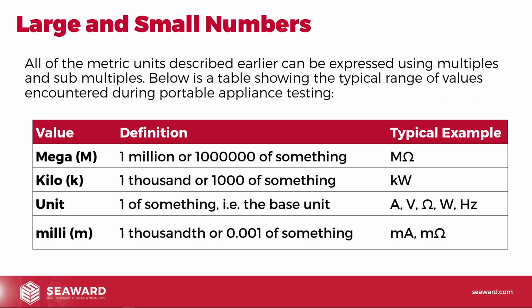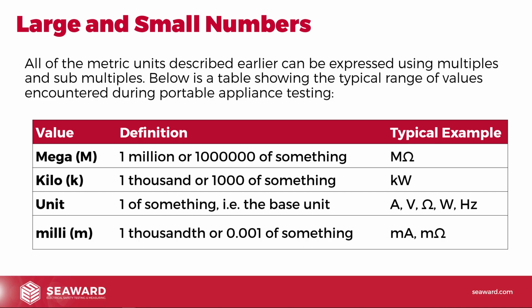Okay, the common ones that we're likely to come across is obviously mega, and mega is a million of something. A typical example is when we're measuring insulation resistance. Remember, the resistance of insulation should be very high because it's a good insulator, it stops those electrons flowing.